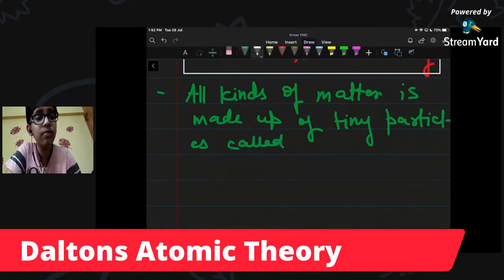Now, this is very important. What are those tiny particles of matter called? So, those tiny particles of matter are called atoms. Please remember it. It is called atoms.